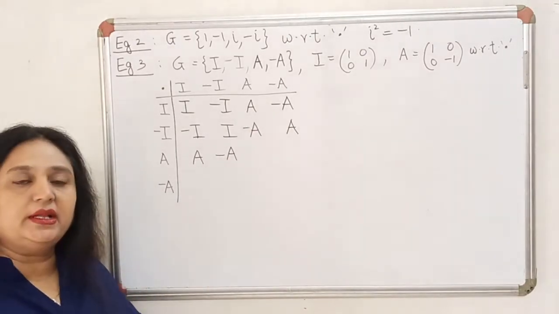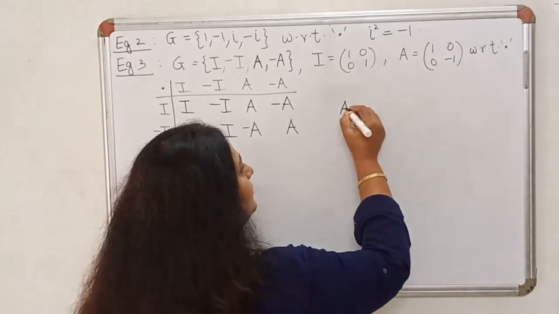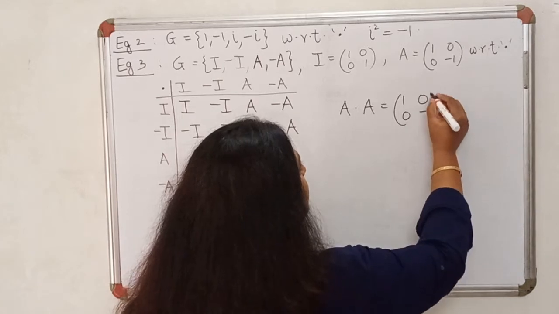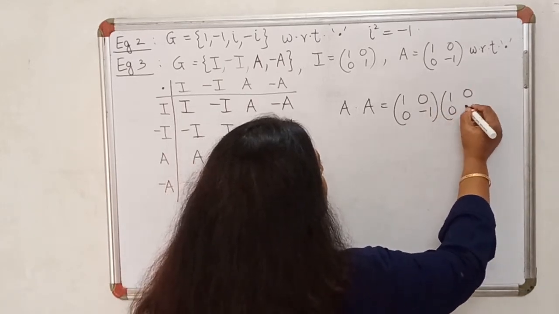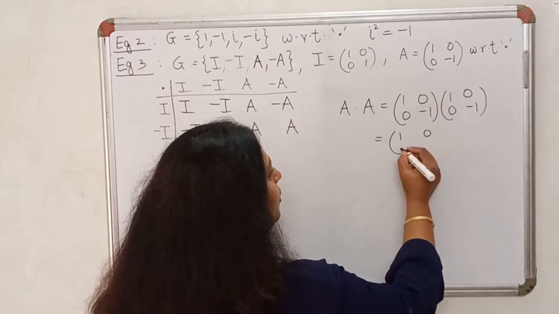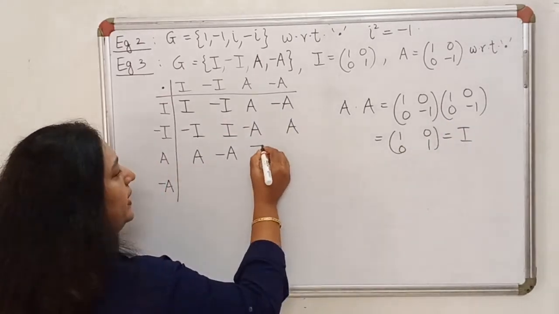Now the only product that I really need to compute is A into A. So I look at A into A, which is 1, 0, 0, minus 1 into 1, 0, 0, minus 1. That works out to be 1, 0, 0, plus 1. So this becomes identity.